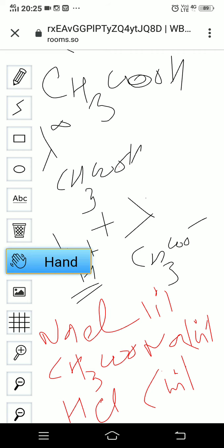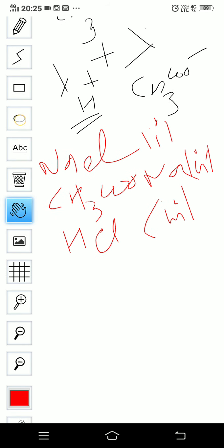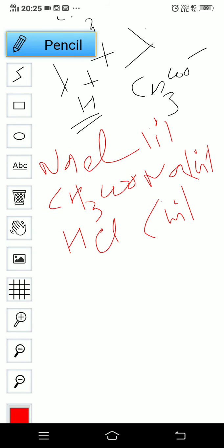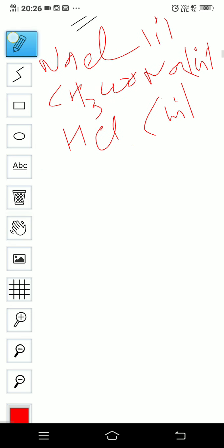How will I manage it? In order to get the value of H plus and CH3COO minus, I'll rearrange these electrolytes in such a manner that H plus and CH3COO minus come. Now just look at this very carefully.